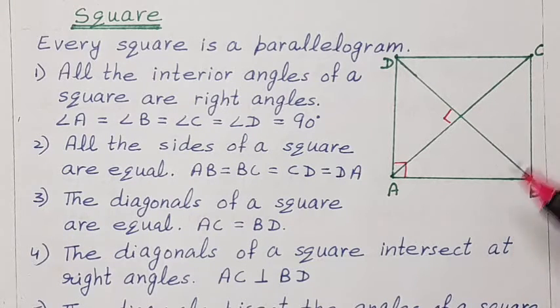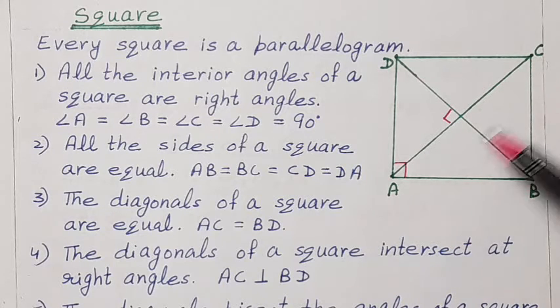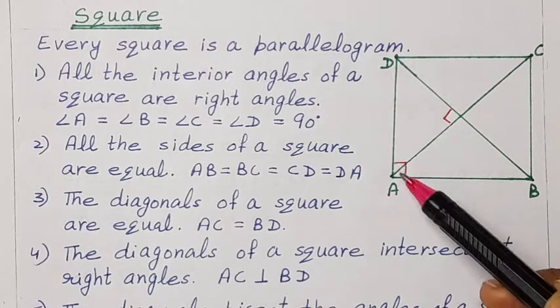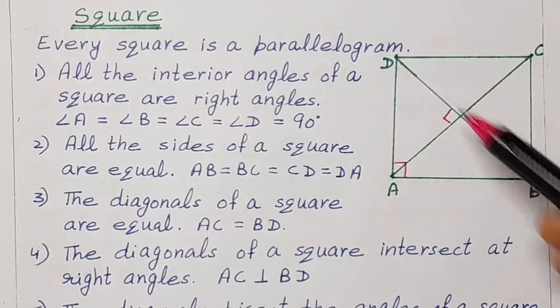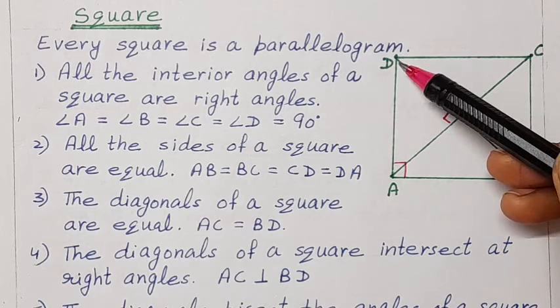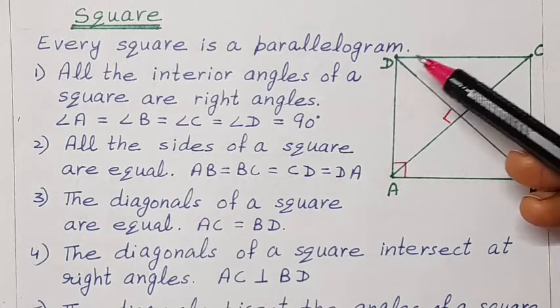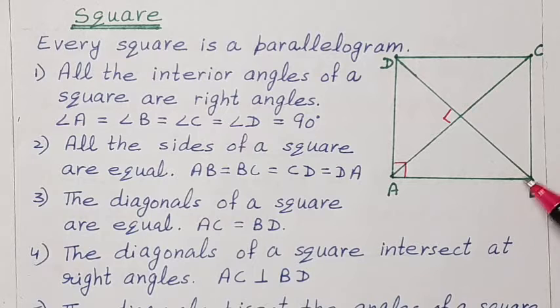Also, diagonal AC bisect angle A as well as angle C. That means both the angles are of 45 degree each. Similarly, BD diagonal also bisect angle B as well as angle D, and here also both the angles are of 45 degree each, that is half of 90.